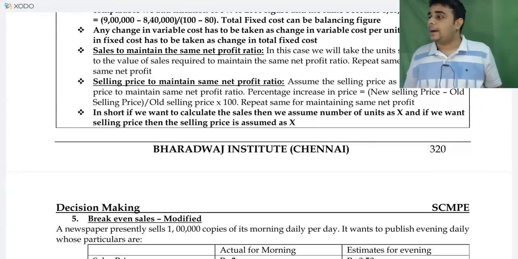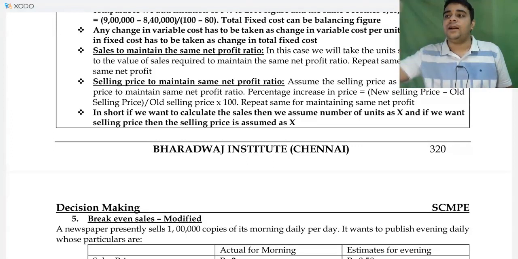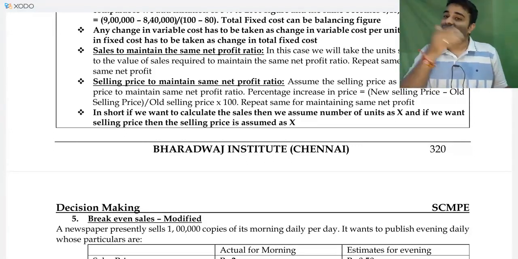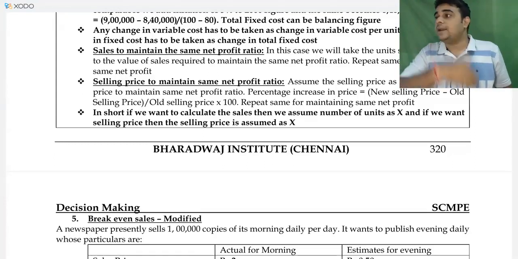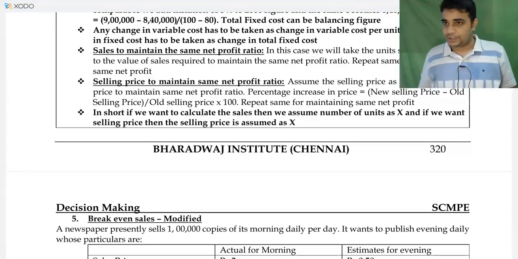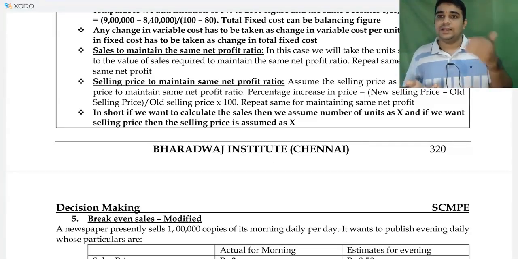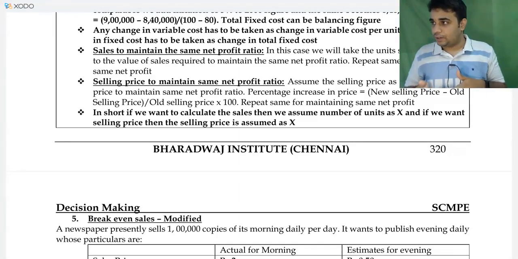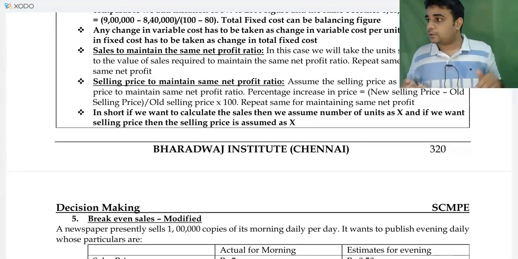Second scenario: when you introduce a new product, if you sell 100 units of the new product, 10 units of the old product would be lost. If you sell another 100 units, another 10 units would be lost, or another 20. There could be some ratio. As you sell your new product, in proportion the existing product sales will come down.